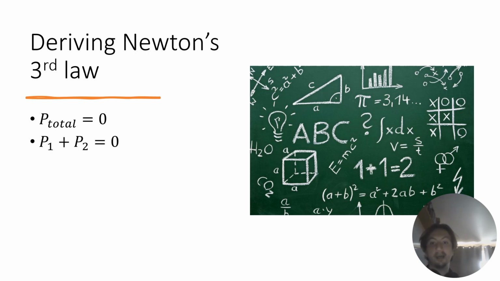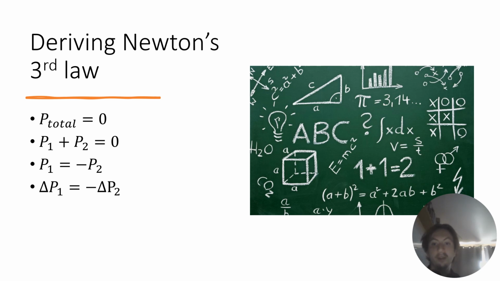So we get that the momentum of the person plus the momentum of the boat must equal zero, which implies that the momentum of the person is minus the momentum of the boat. And if the boat and the person were both initially stationary, then the change in momentum is just equal to the final momentum, because the initial momentum is zero.